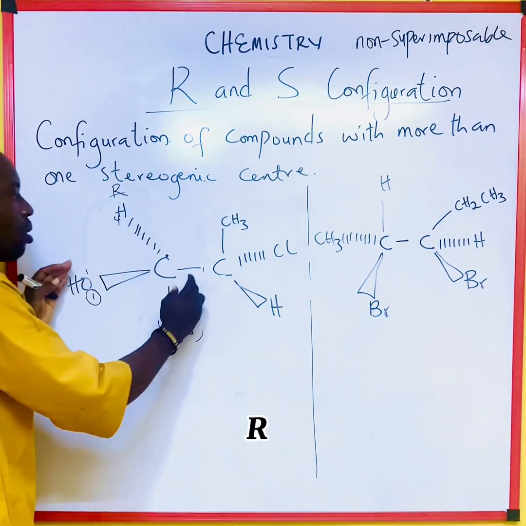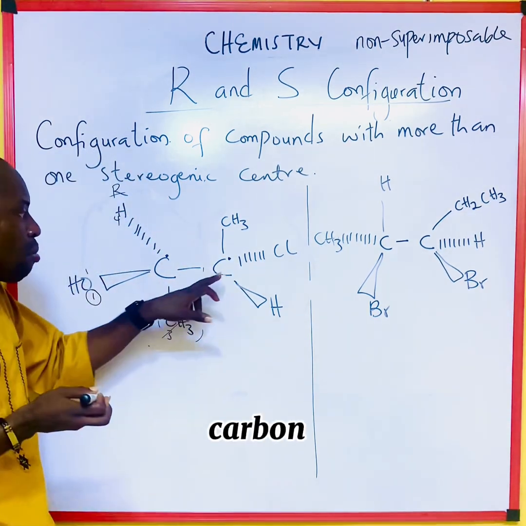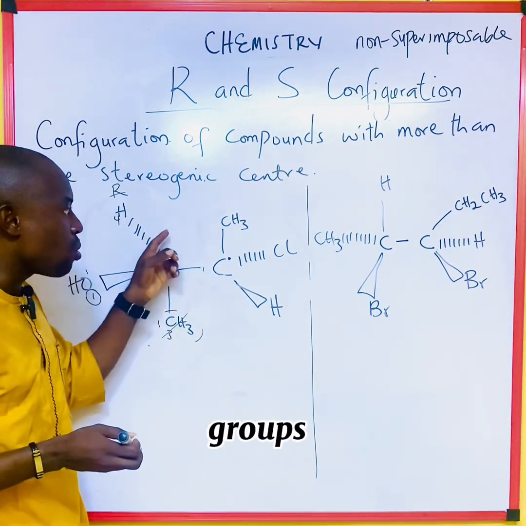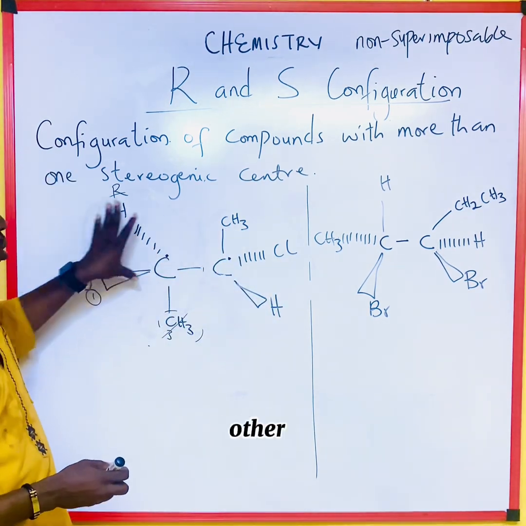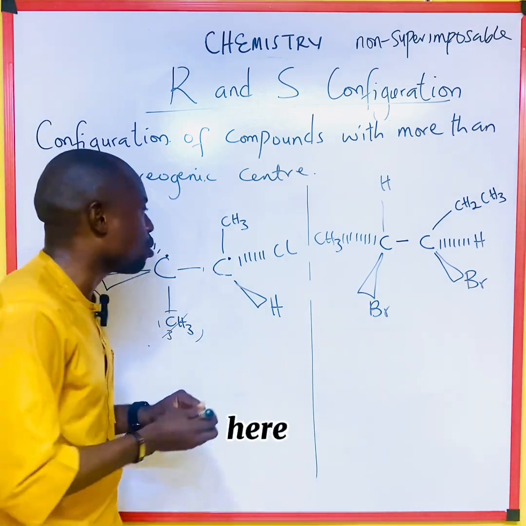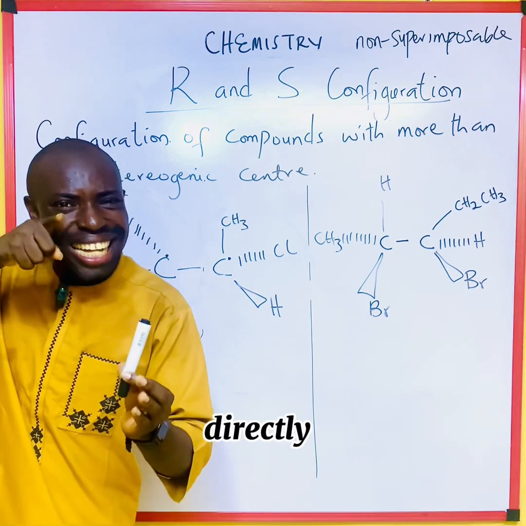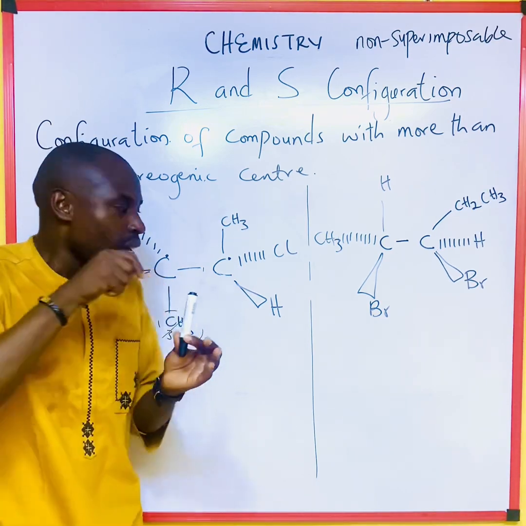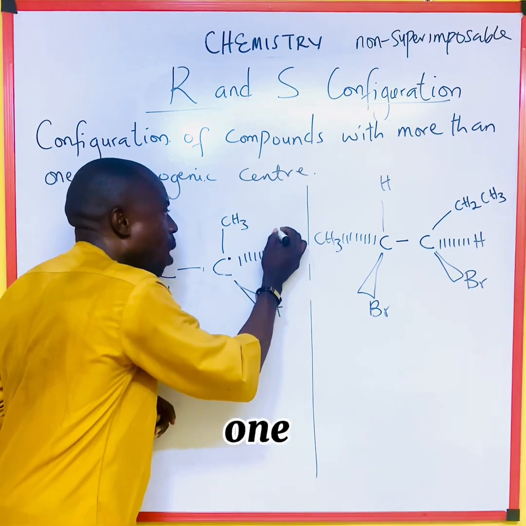So this is R. Now I move to this other chiral carbon here. What are the groups attached to it? I have chlorine, this carbon, this other carbon group, and hydrogen here. Based on the first bond directly attached to the atom, this one has the higher atomic number, so chlorine will take 1.